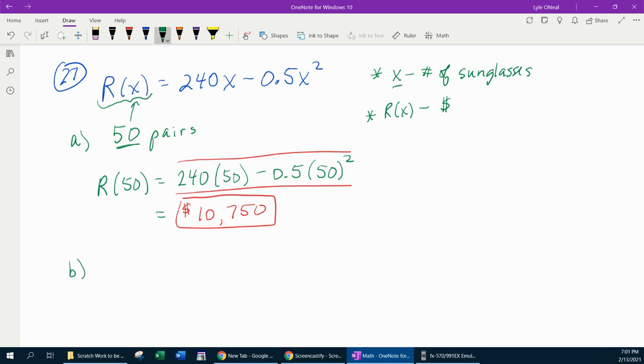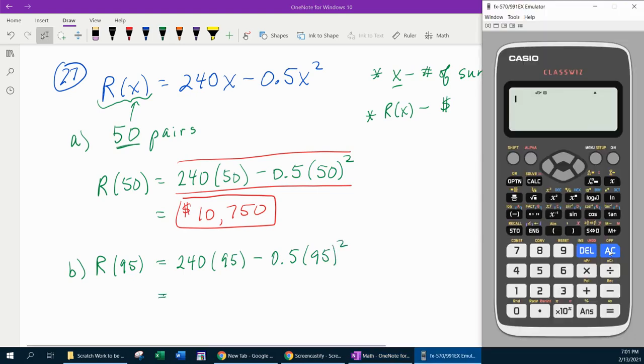Part B says, what is the total revenue from the sale of 95 pairs of sunglasses? So this time we're going to replace every x with 95. And then we're going to pull out our handy dandy calculator and calculate that. All right, here we go. 240 times, and I'm going to use parentheses this time just for fun, times 95 minus, and I'm going to do 0.5 again just for fun this time, 95 squared equals.